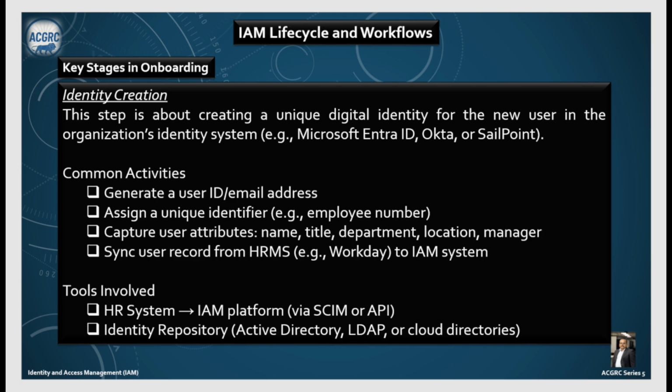Capture user attributes, could be name, title, department, location, manager, and sync user records from HRMS to IAM systems. The tools involved are HR systems and IAM platforms. Do note, this engagement could be via SCIM or API. The next is your identity repository, which is Active Directory, LDAP, or cloud directories.